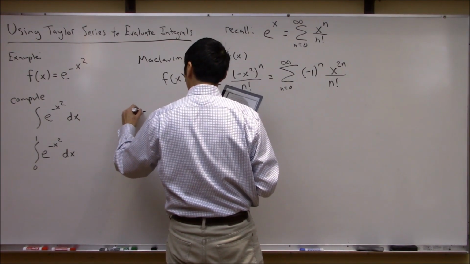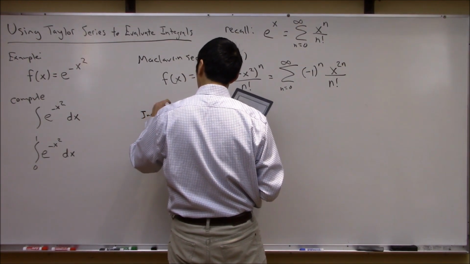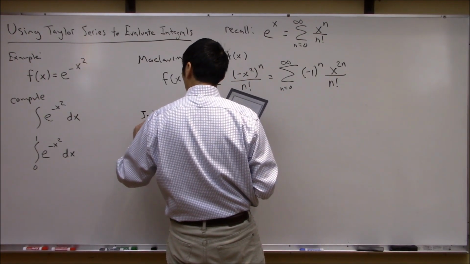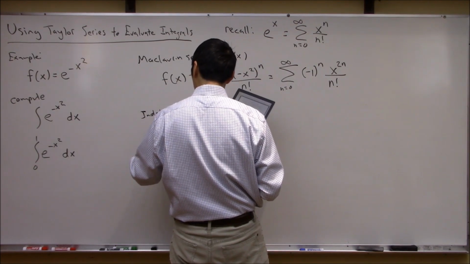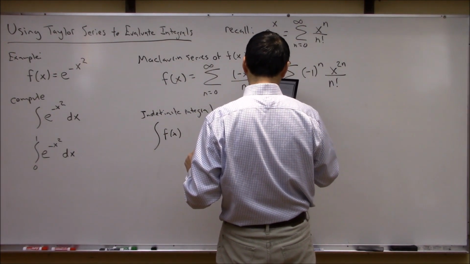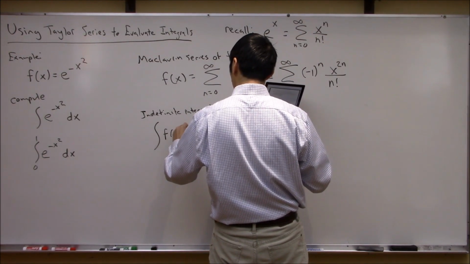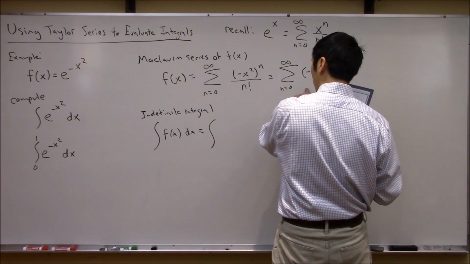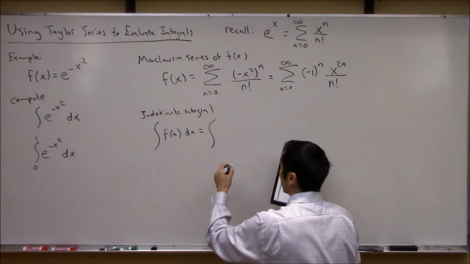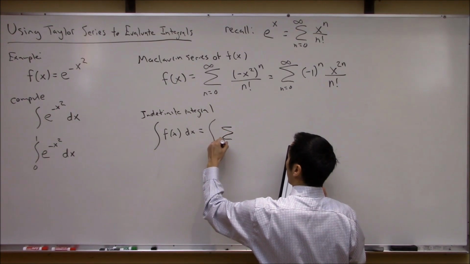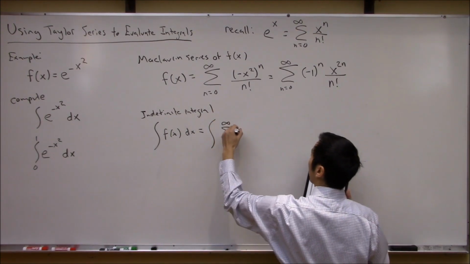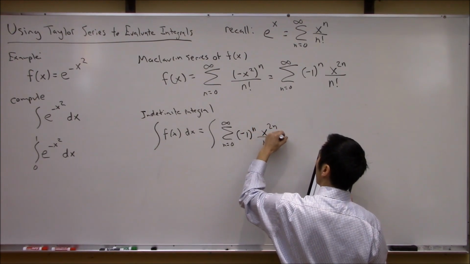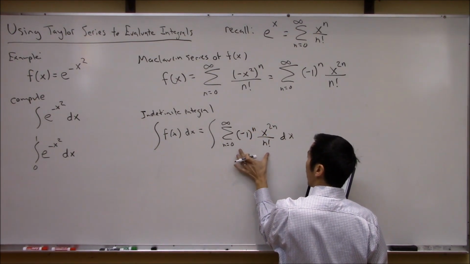So let's get the indefinite integral. The indefinite integral of f of x is just going to be the indefinite integral of this Maclaurin series approximation. So this is just the sum from n equals 0 to infinity of negative 1 to the n, x to the 2n all over n factorial dx. Great. So now let's write out a couple of these terms.